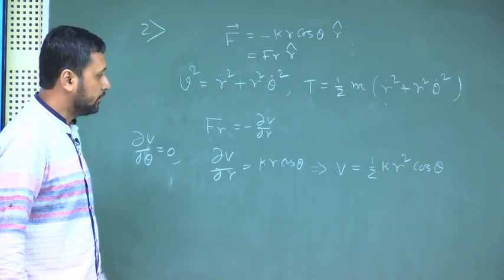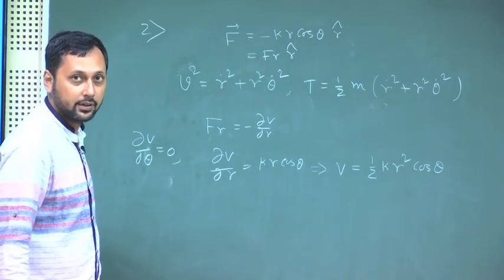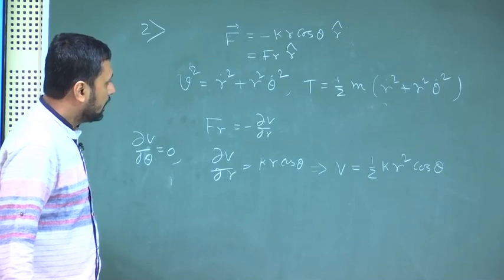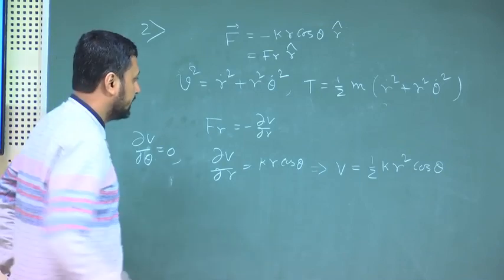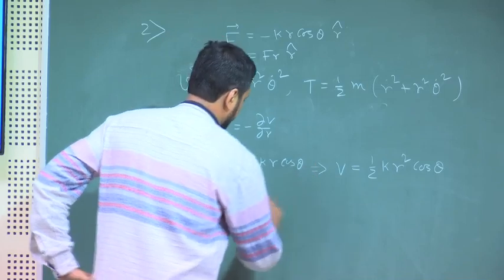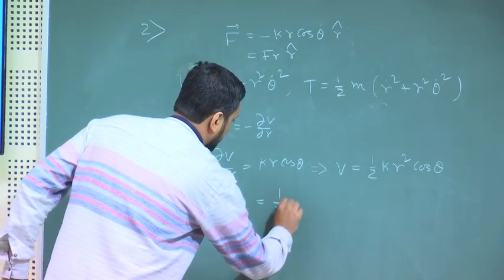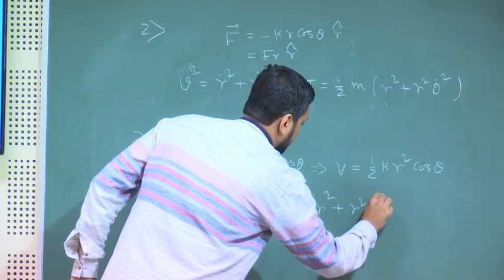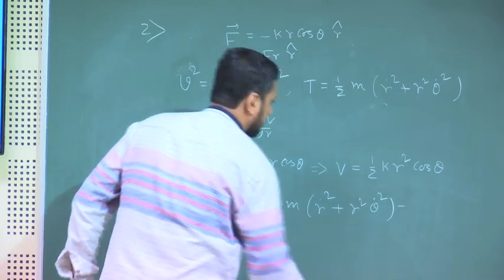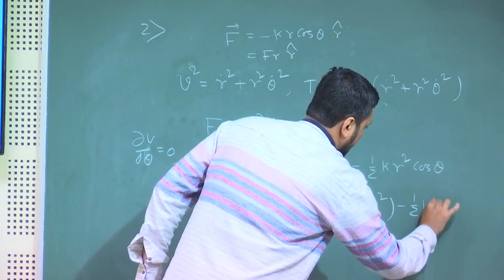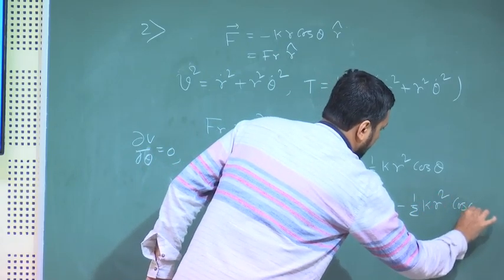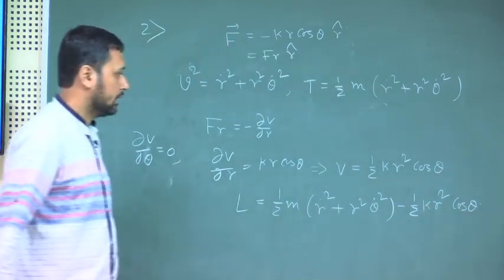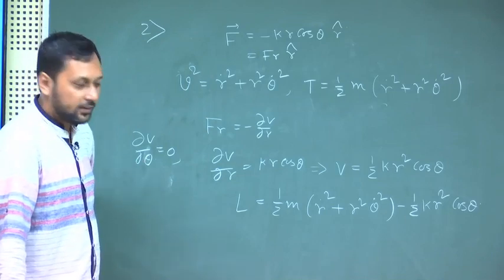So, V is equal to half k r square cos theta, very good. Now, that means the Lagrangian L will be half m times r dot square plus r square theta dot square, minus half k r square cos theta. So, this is the Lagrangian.